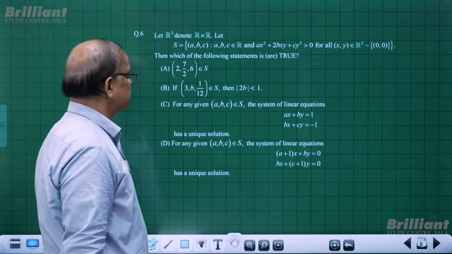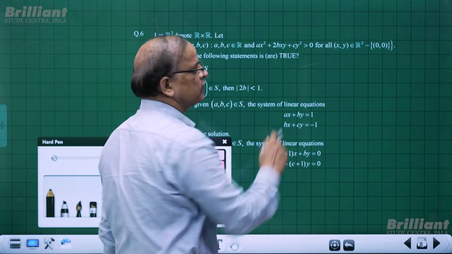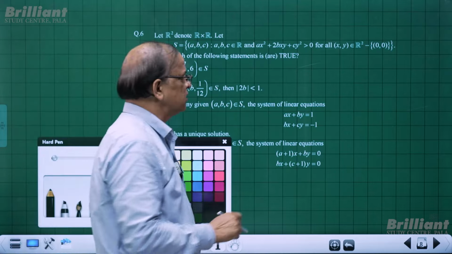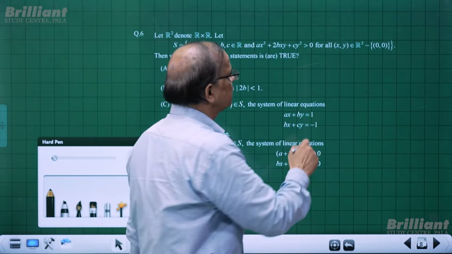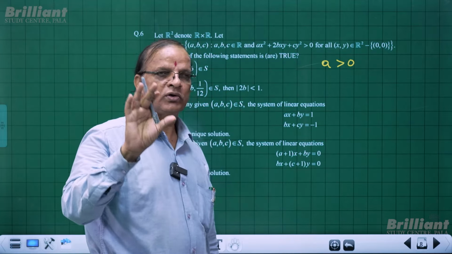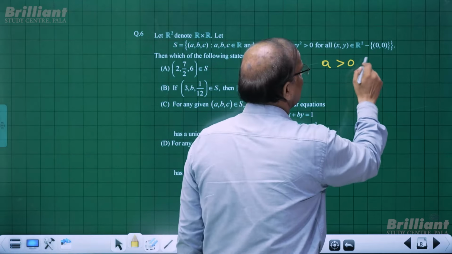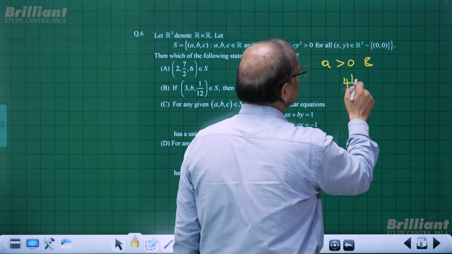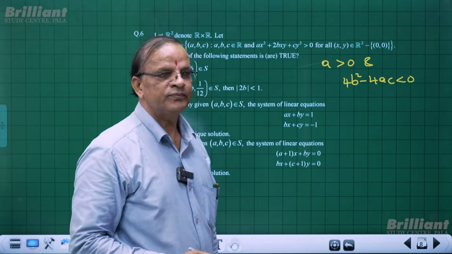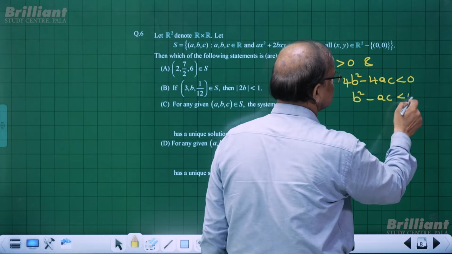Okay. See, this is always positive, which means above the x axis. That means the x square coefficient is positive, so a is positive, and the discriminant is negative because of imaginary roots. So, 4b square minus 4ac is less than 0, so b square minus ac is less than 0.